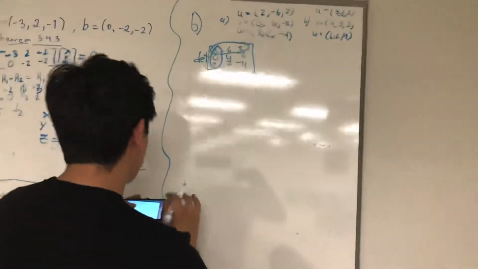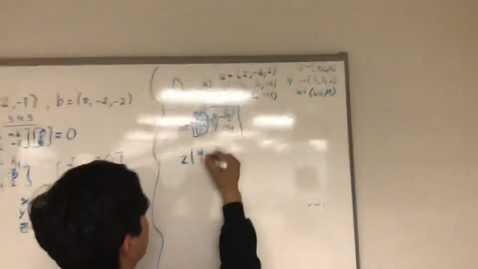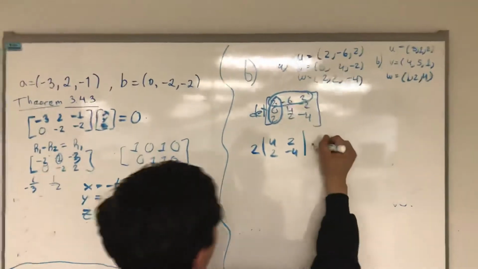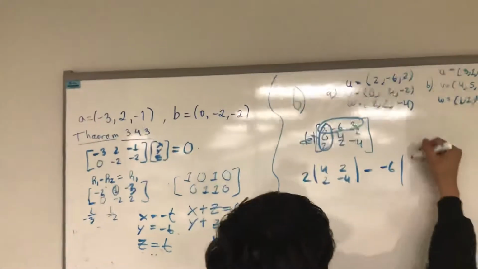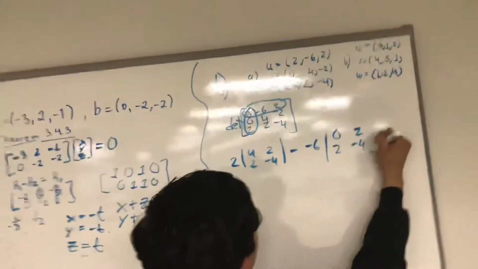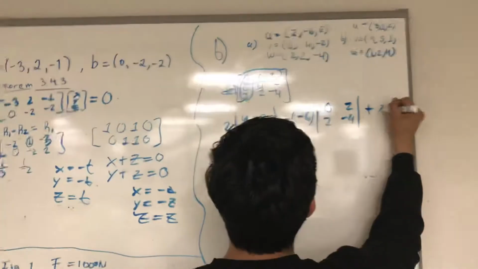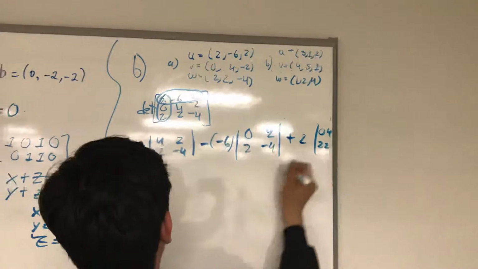So it will be 2 times 4, 2, 2, 4, plus then we go to our 6 and we say -6, 0, 2, 2, -4, and then finally plus 2 times 0, 4, 2, 2.